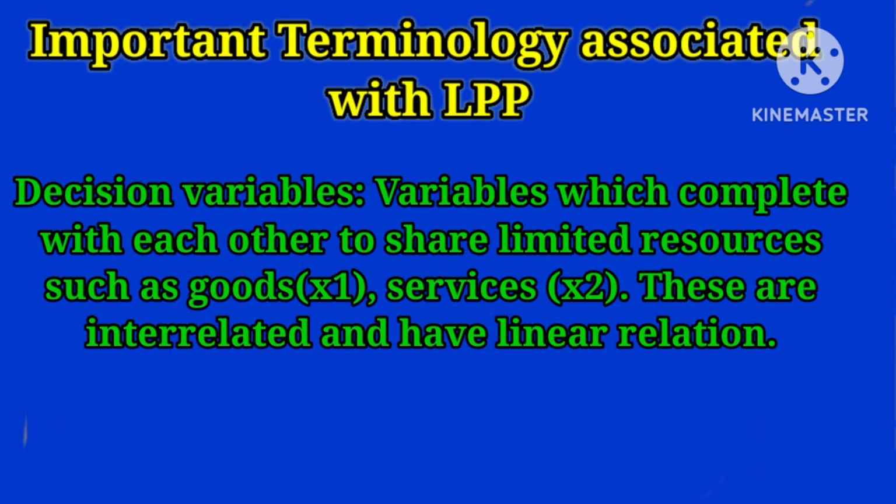So x1 and x2 are called the decision variables because we have to take a wise decision how much to produce x1 and how much to produce x2, so that optimum allocation of resources is possible. The next important thing is that in a linear programming problem, these are interrelated and have a linear relation.